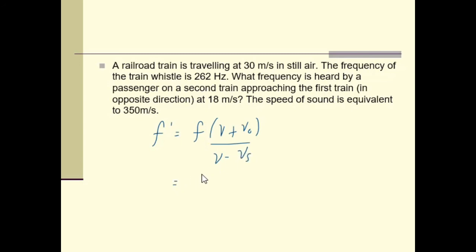So you have here the frequency emitted, 262 hertz, multiplied by the velocity of sound given here, 350, plus the velocity of the observer, 18, divided by 350 minus the velocity of source, which is 30.